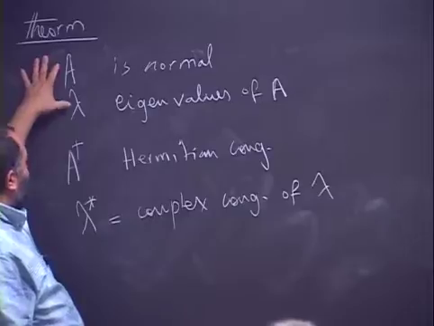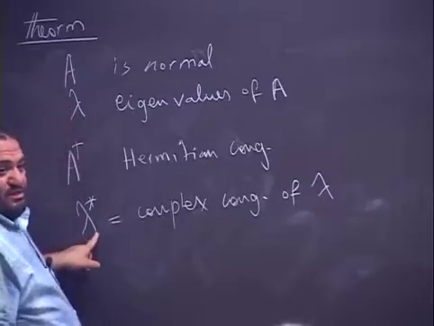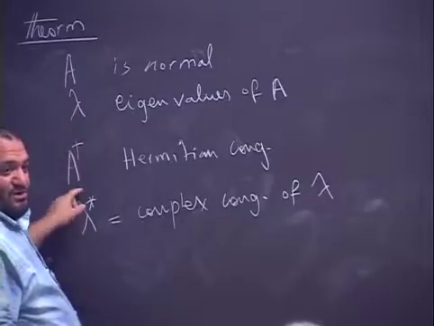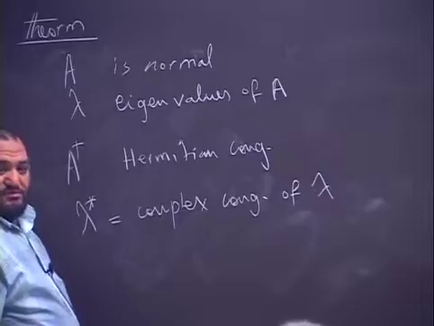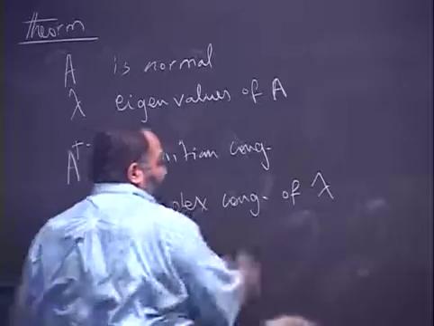Once you calculated the eigenvalues for the matrix A, take the complex conjugate of them, and these will be the eigenvalues for the Hermitian conjugate matrix. That's it. And this is what we proved here.